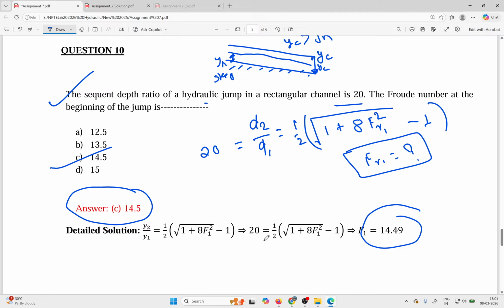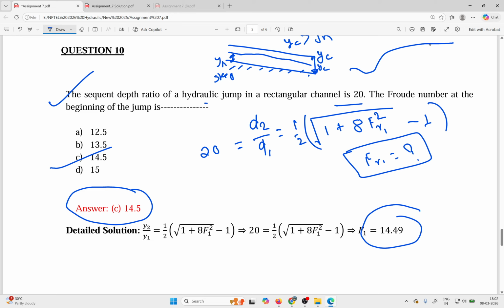Please remember, the second depth ratio of the hydraulic jump in a rectangular channel is 20. One very interesting thing to remember here: your d1 is less compared to your d2.